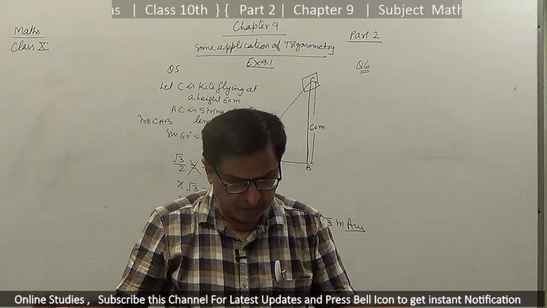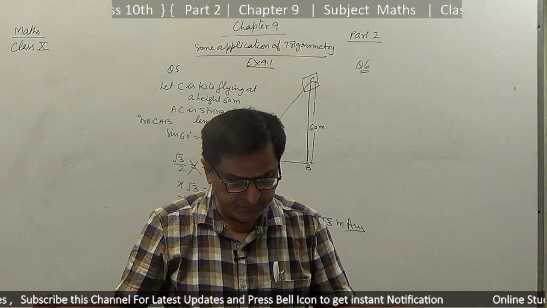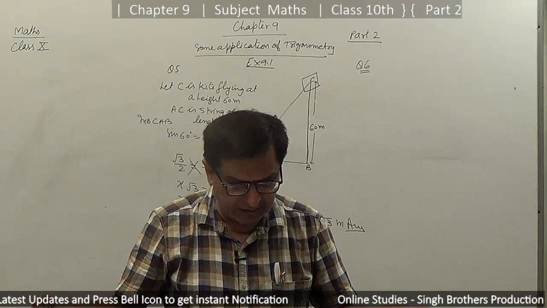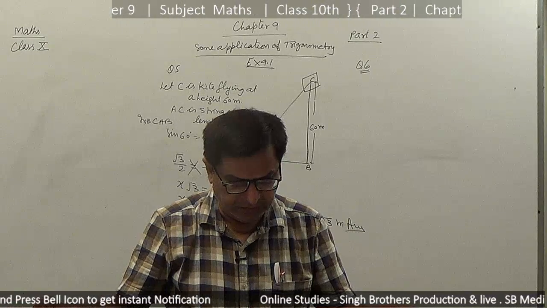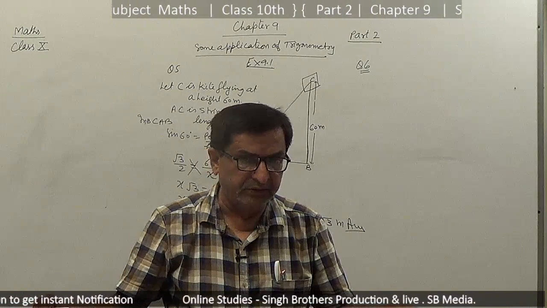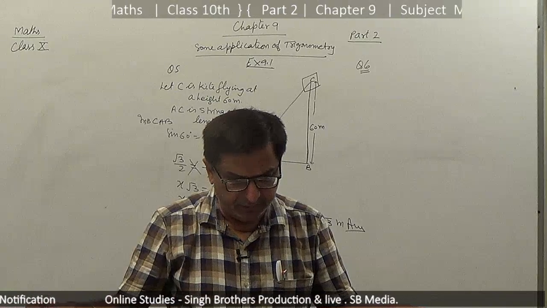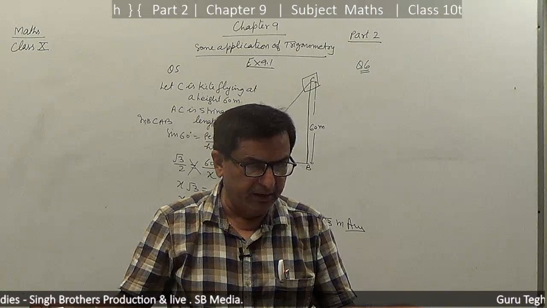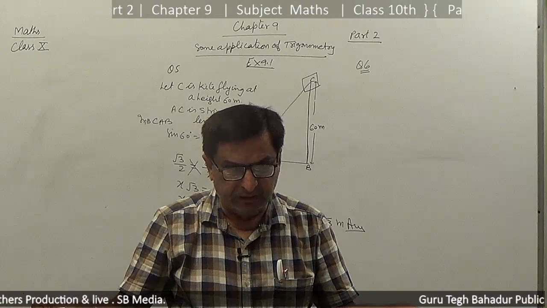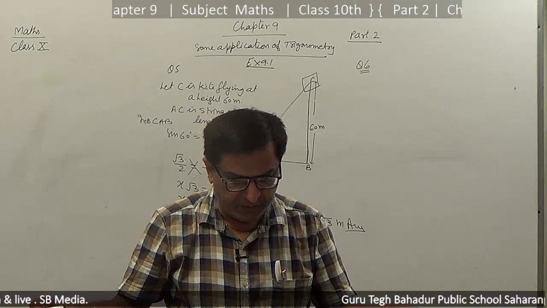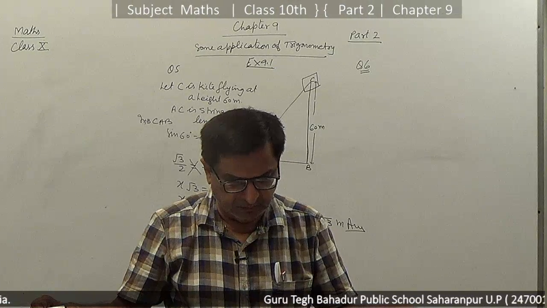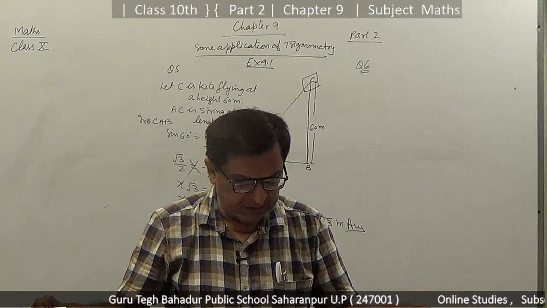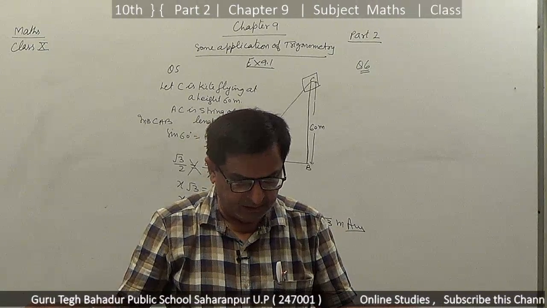Here from question 6 to 16 there are two triangles formed in a figure, and we will solve these questions by finding the value from one triangle and putting the value in another triangle, or by finding the relation and putting this given relation in another triangle.